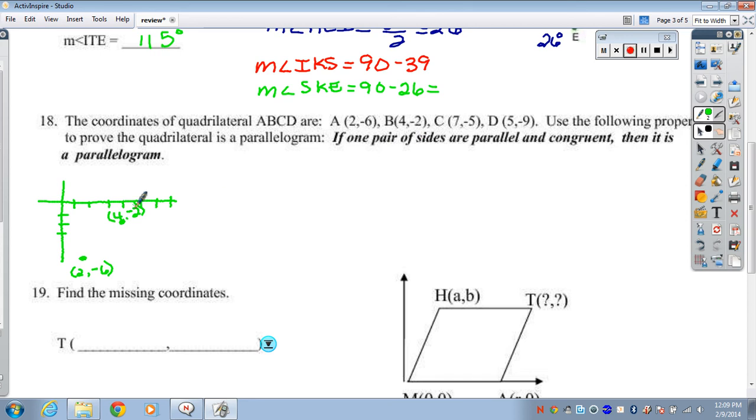Next one, 7, negative 5. So this is A, this is B, this is C, and D is at 5, negative 9.